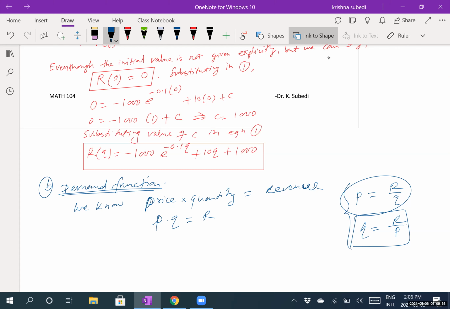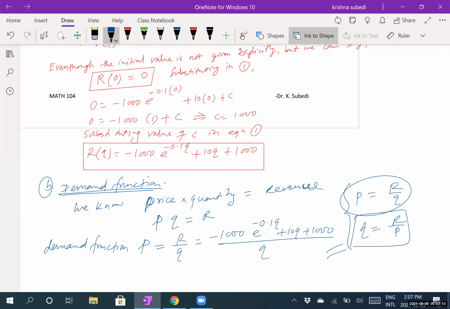So in this case, because the function is function of Q, I think to make life easy, demand function in terms of P will be easy. So demand function P equals R over Q. So R over Q means R is negative 1000 e raised to power negative 0.1 Q plus 10Q plus 1000 divided by Q. You can just leave it like that.